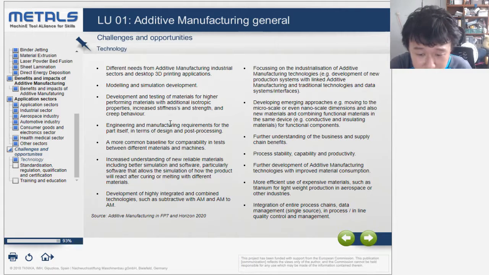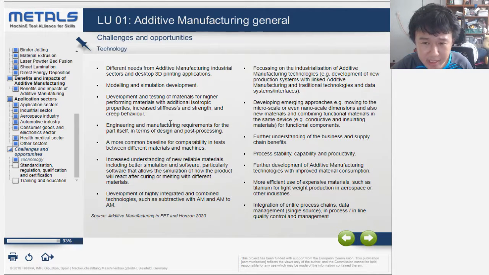Increased understanding of new reliable materials, including better simulation and software, particularly software that allows the simulation of how the product will react after curing and melting with different materials. Okay, more process simulations, that's quite common. Development of highly integrated and combined technologies such as subtractive with AM.